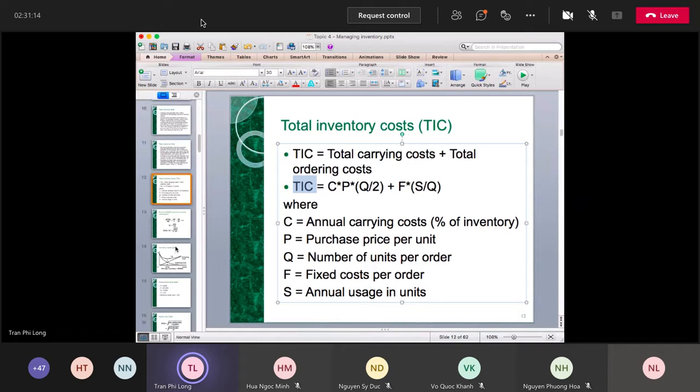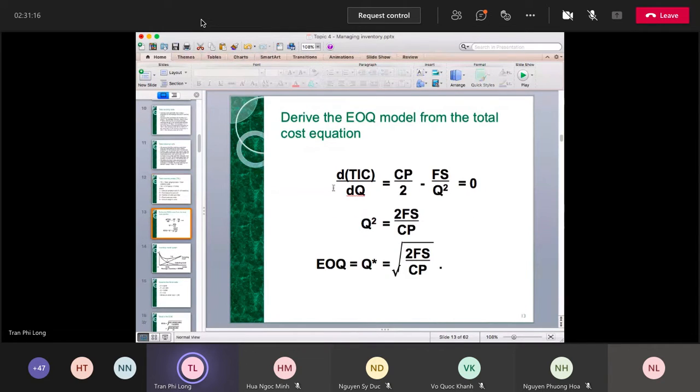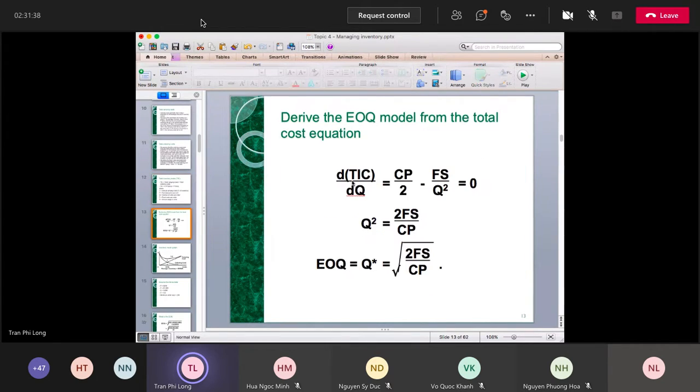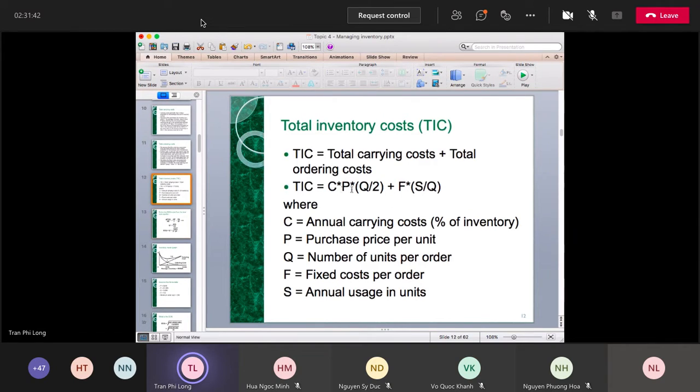And similar to the Bowman model, you can do it by taking the derivative of total inventory cost with respect to quantity. And you can see this one, CP multiplied by Q over 2. If you take the derivative of this part with respect to Q, it will equal CP over 2.